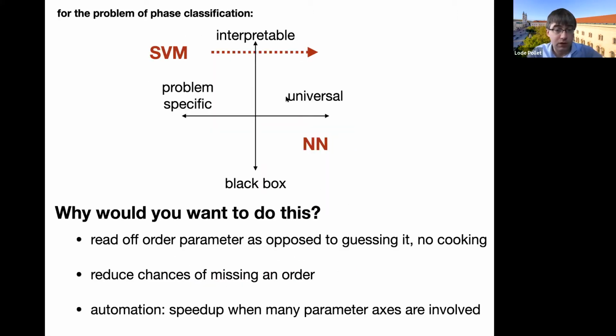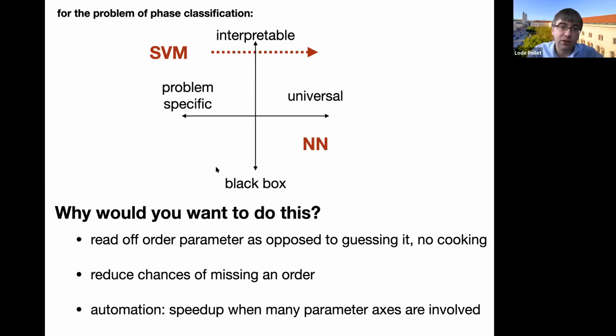Okay, so essentially this is what I wanted to say. What we have said is that the SVM can become more universal. It is interpretable, but it becomes more universal in the sense that it becomes more unsupervised when equipped with this graph analysis.